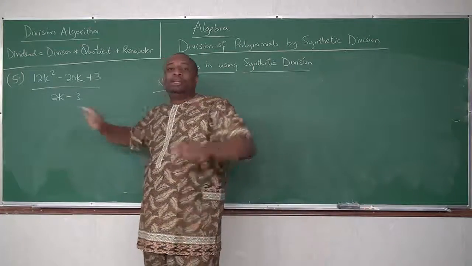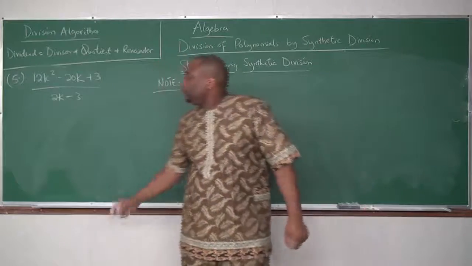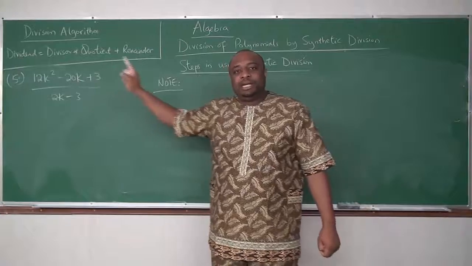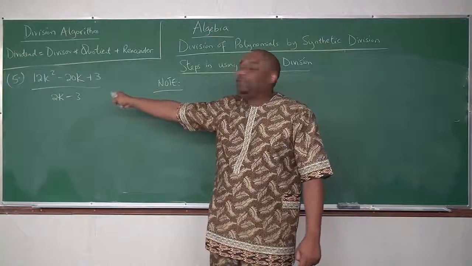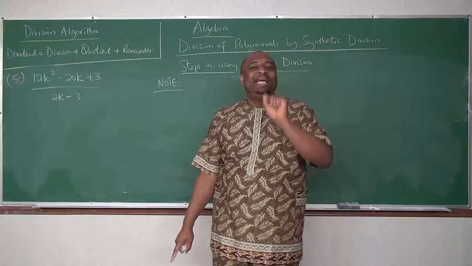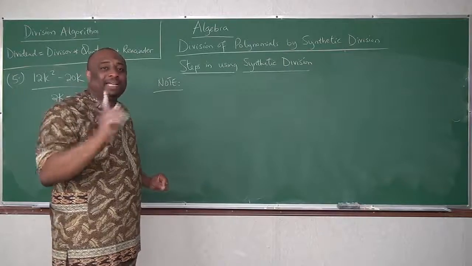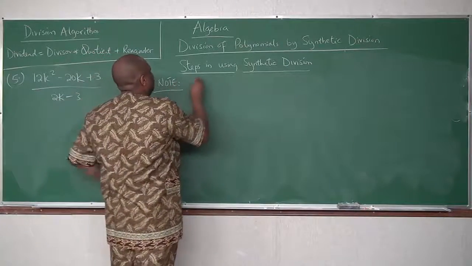You just do it like we've done the 4 examples we did. But here the coefficient is not 1. If the coefficient of the variable in the divisor is not 1, write the note.